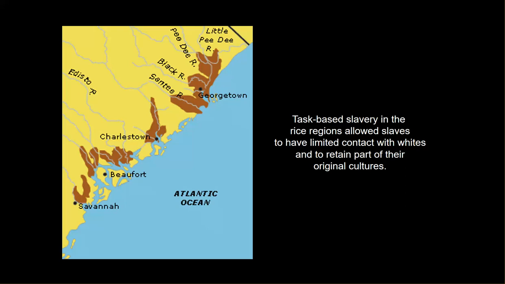And most of the runaways were young men who had only recently arrived from Africa. So they're the guys who don't have any families here yet and have, like, nothing to lose. In the Deep South, in Carolina and Georgia, they tended to run to the Florida swamps, where the Seminole Nation would take them in. In the Upper South, they would run to the cities. They would try to run to the cities and pass for free.